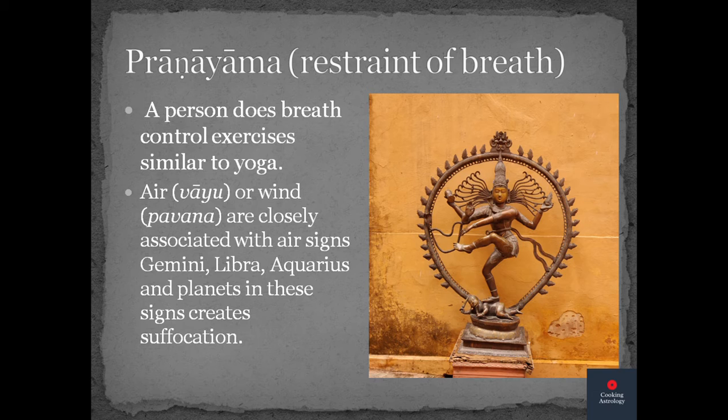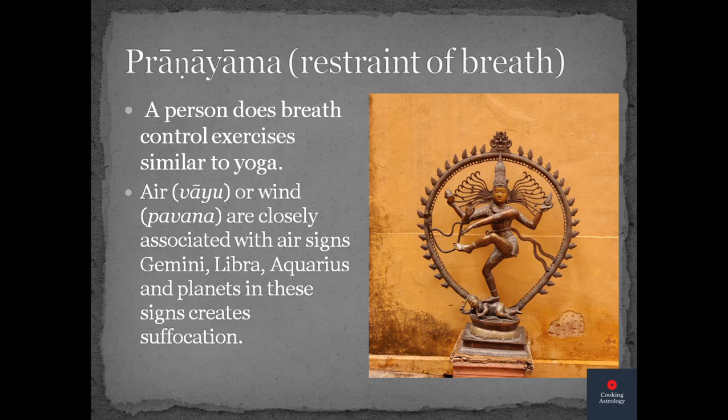But you cannot live without Vayu, that is air. Air is a Jivakaraka. Air is closely associated with your living being. Your life is possible only because of these air signs, Gemini, Libra and Aquarius. Because these are the signs of sustenance.